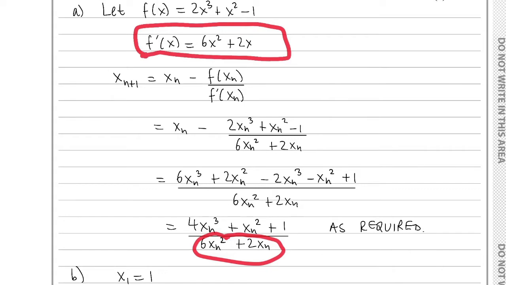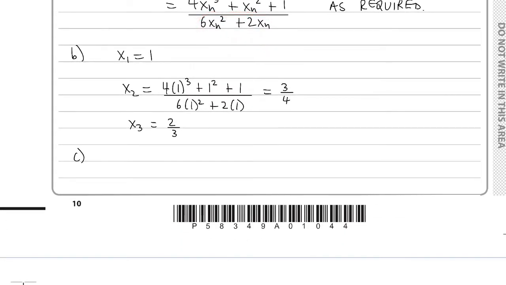So it can never start at stationary points. Okay? So we simply need to say that there is a stationary point at x is 0. So that was question 5 of this paper.